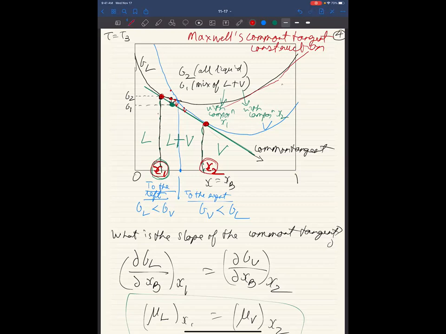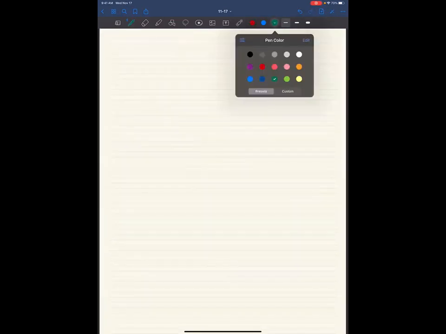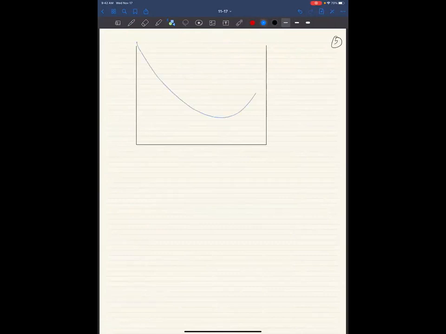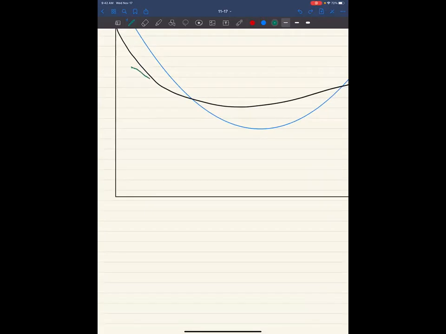So let me draw this figure once again, because I have already cluttered it quite a lot. So I have some curve and I have some other curve, okay? And I draw my common tangent. That looks something like this, okay?